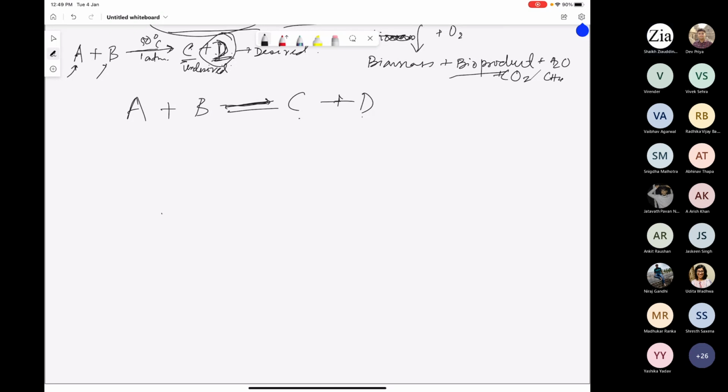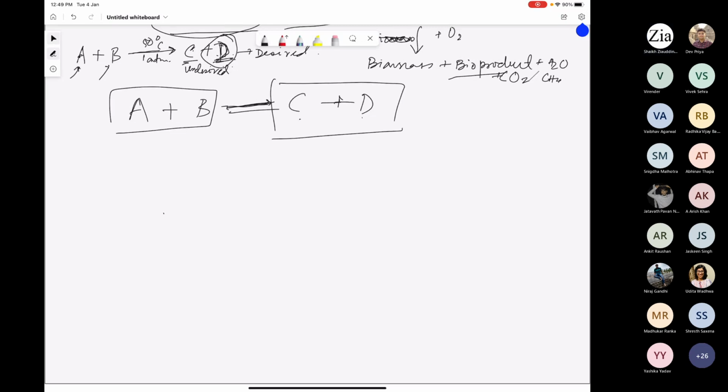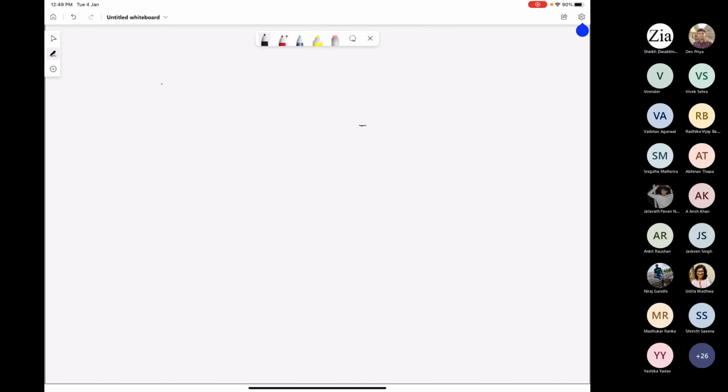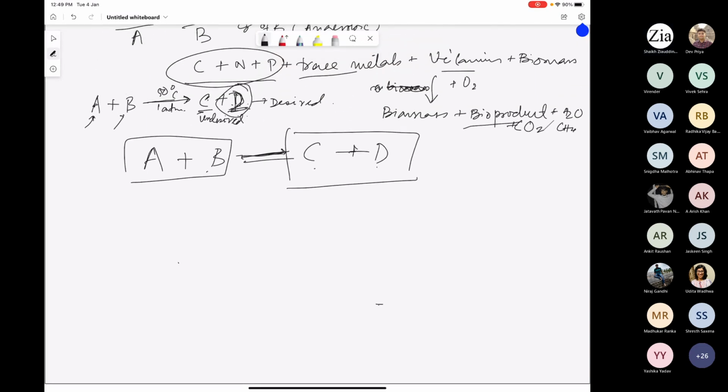That means as per conservation of mass, whatever amount of A and B you use, you get an equivalent amount of C and D. So if you find the balanced equation, it will be very easy for you to calculate the amount of A and B required to produce 1 mole of D.